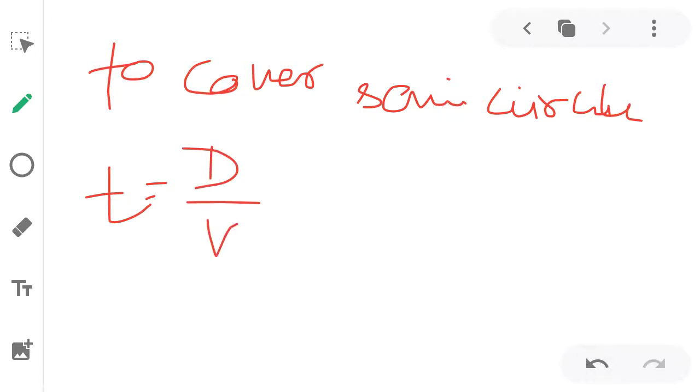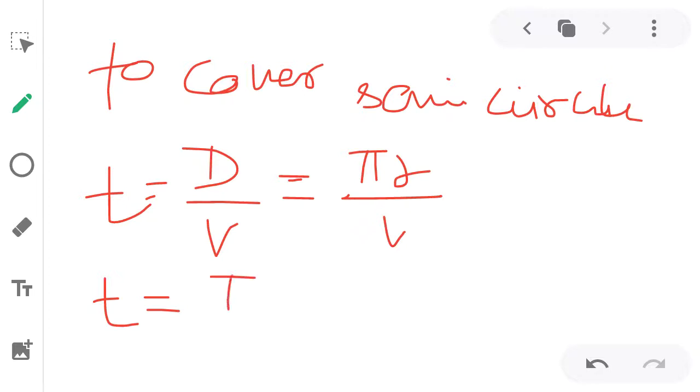Then t is equal to distance upon velocity. The semicircle path length is pi r, since 2 pi r is the complete circle, so t is pi r upon v.